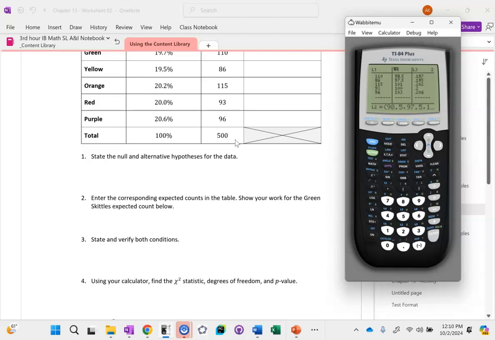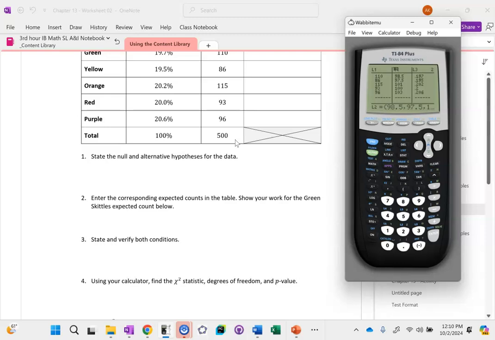You multiply by 10, right? Are there more or less Skittles than 5,000 in the world? Way more, right? We've satisfied the randomness condition.